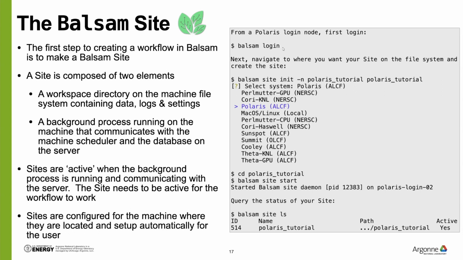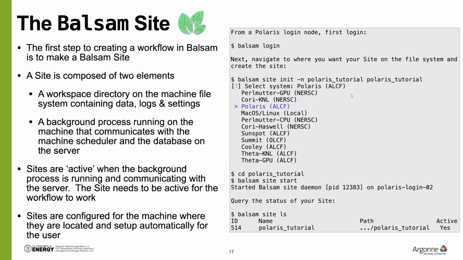It will give you a URL that you will then paste into a browser, which will direct you to a place where you will put in your ALCF credentials, so your username and your mobile password. Then you will create a site by typing balsam site init -n, where this is the name of the site, and then this is the path to the site, which I just gave the same as the name in this case.